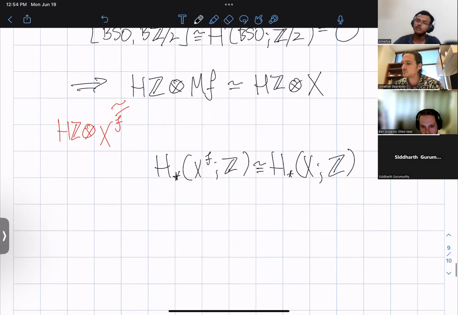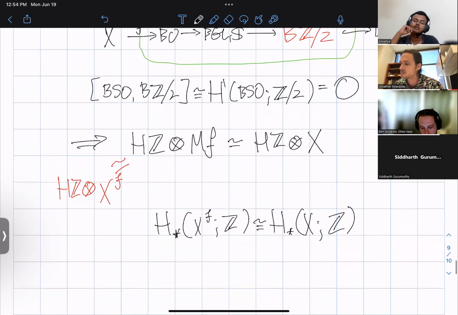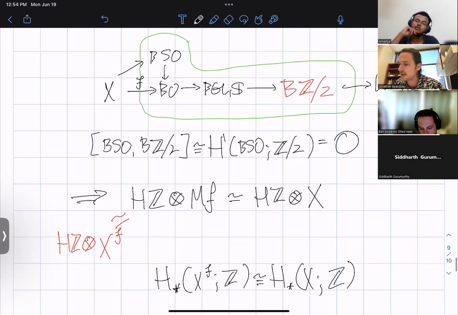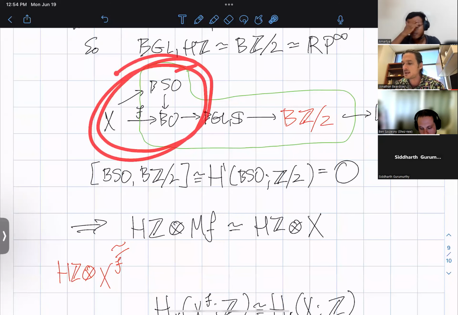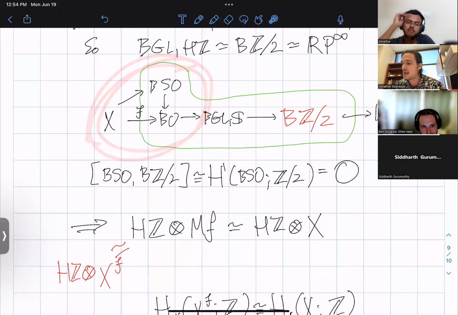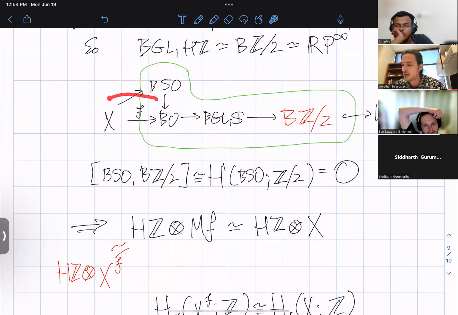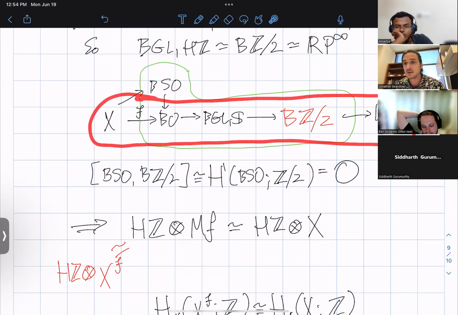And so, of course, what is this? If you think about this, what is this saying? It's saying, look, I've started with an oriented vector bundle, and then that implies that this composite here is null homotopic.